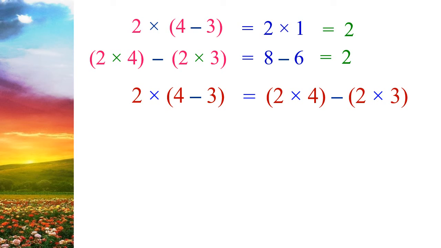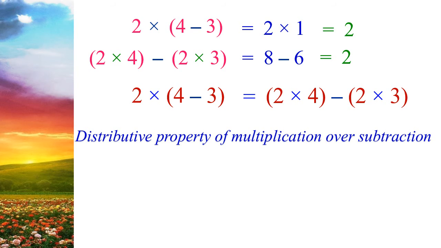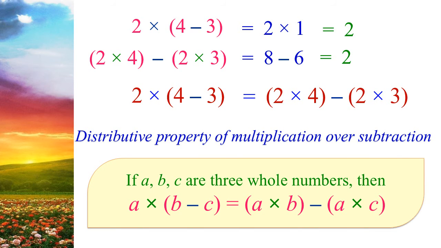So, we define the distributive property of multiplication over subtraction as: if A, B, C are three whole numbers, then A into (B minus C) equal to A into B minus A into C.